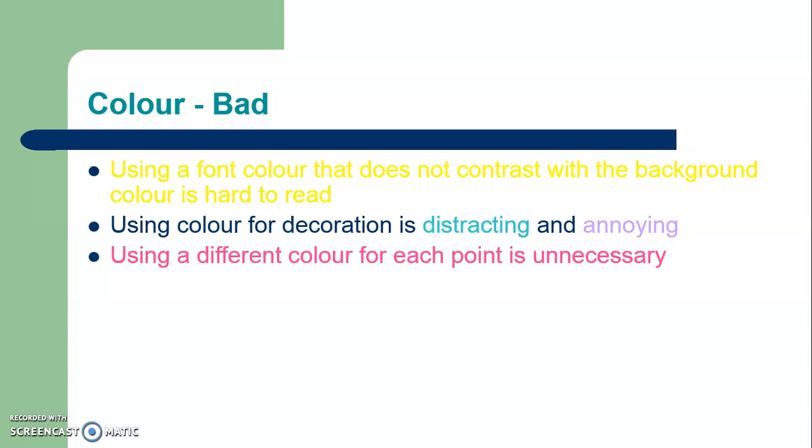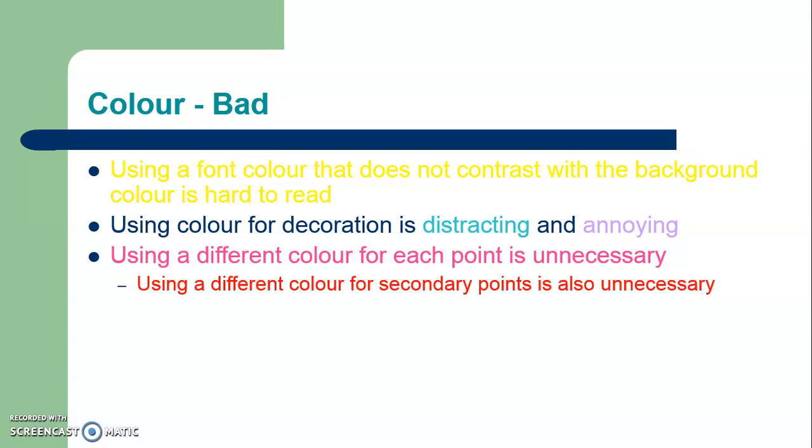Again, using different colors for different pointers is not necessary. Again, using a different color for a different sub bullet is not necessary. Trying to be too creative with colors can also be bad.